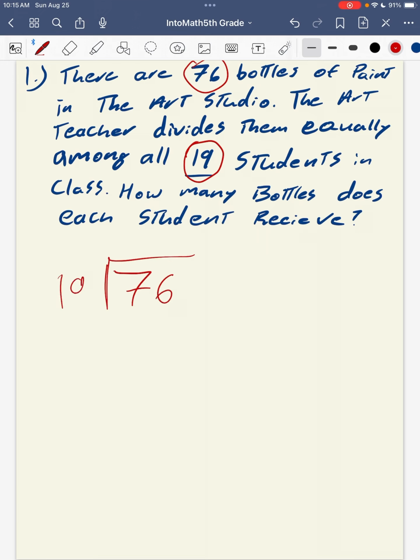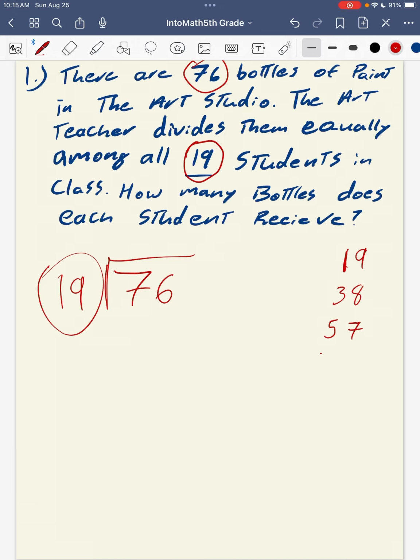76 divided by 19. Well, I know that there are 19 students, so I need to list out my multiples of 19. This one's a little bit trickier because this isn't on our multiplication table, so we have to think about it. But what's 19 plus 19? 38. Plus another 19 would bring us up to 57.